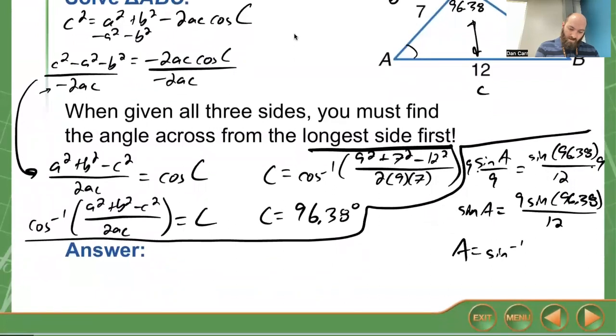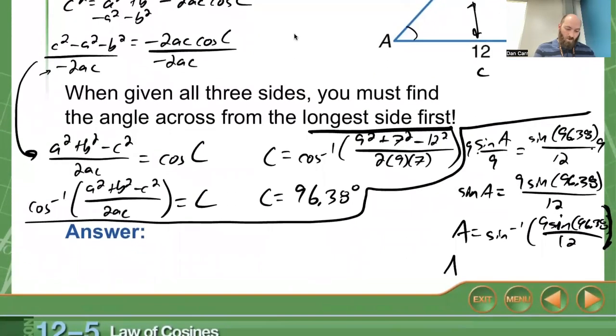So A is going to be the inverse sine of all of that: 9 times the sine of 96.38 over 12. So A comes out as 48.19 degrees.